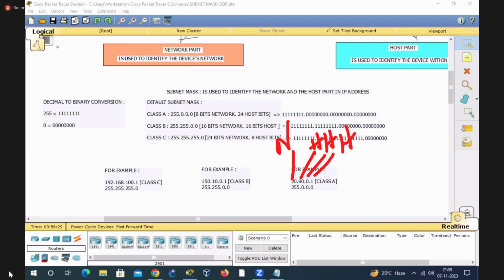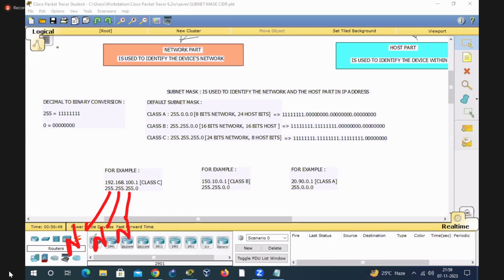Understood the process? Everyone got it? Any confusion? How do you define the network and host? That is using the subnet mask, right? When you are saying 255, that is defining network bits.